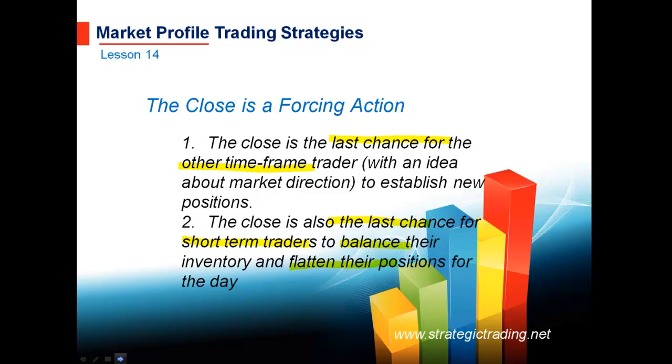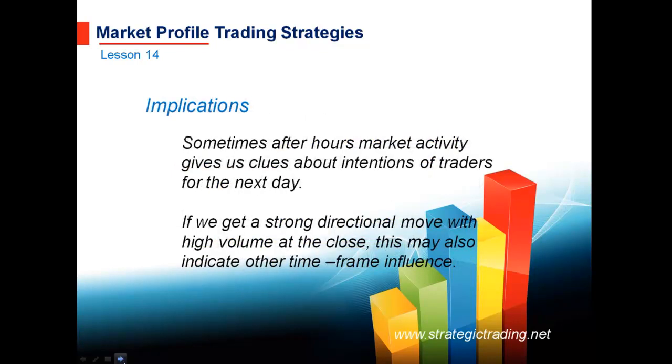A couple of things that you want to look at are the extent of the range of the closing range. Did we have a real wide closing range, or did we have a tiny, narrow closing range? A tiny, narrow closing range indicates that there's really no directional conviction. No one is really trying to send a message to the market one way or the other.